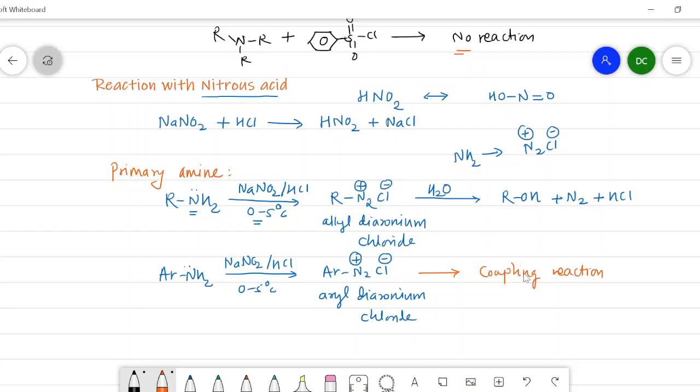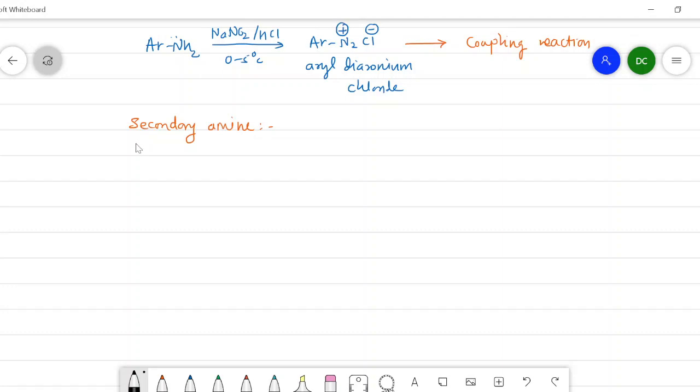Now we will see the secondary amine. In case of a secondary amine, we get an N-nitrosoamine compound as a product, which is a yellow oil, and this test is also known as the Liebermann test. Here we have the reaction of RNHR.